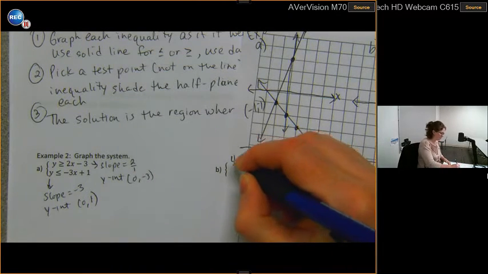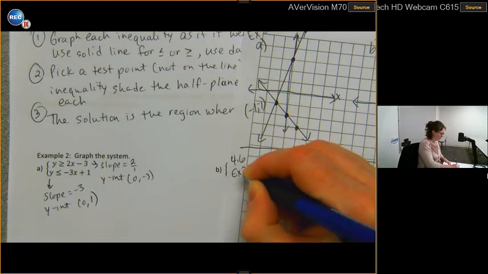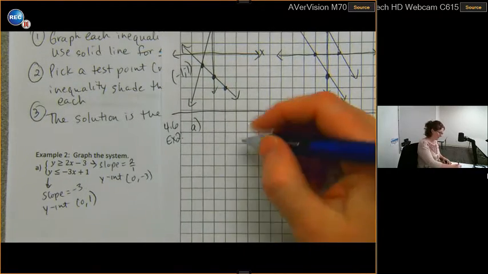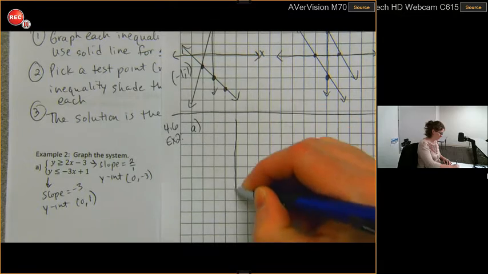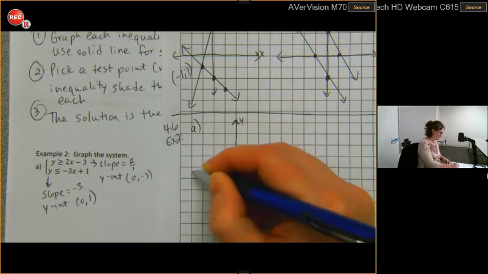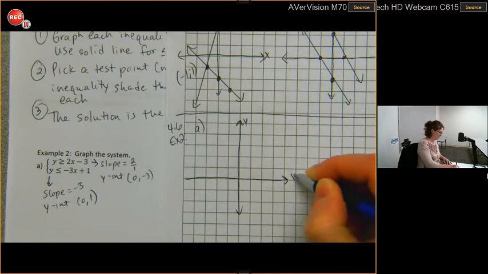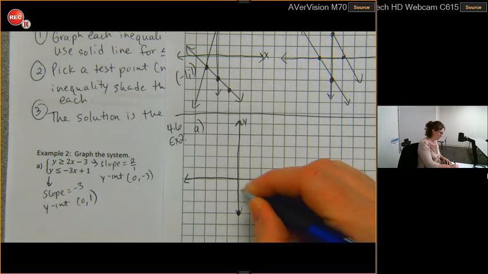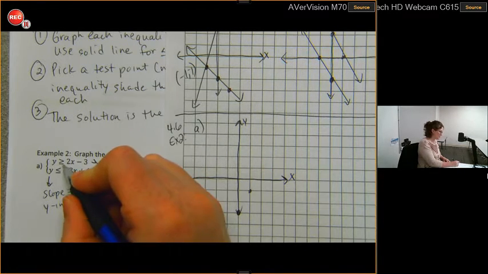This is section 4.6, example 2, part A. And we draw, so I have an intercept at -3, up 2 over 1, using a solid line.